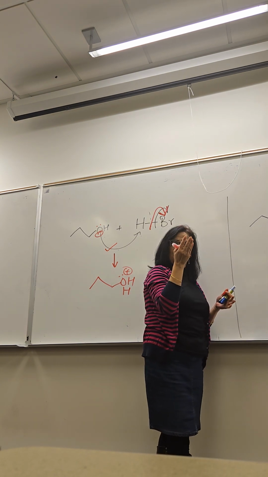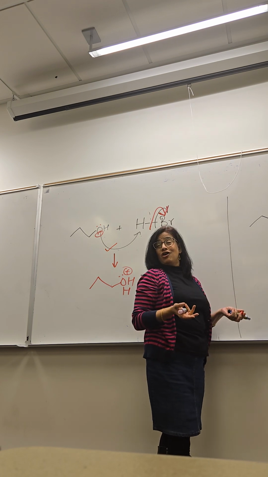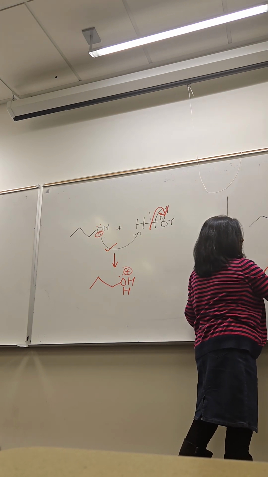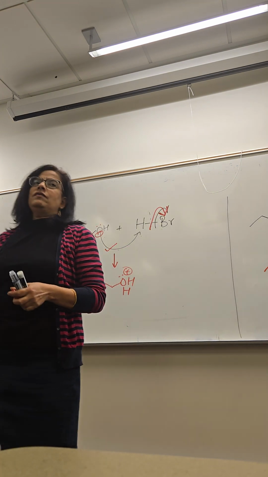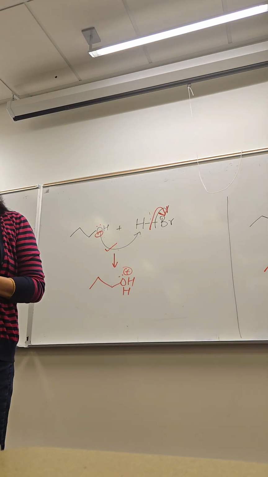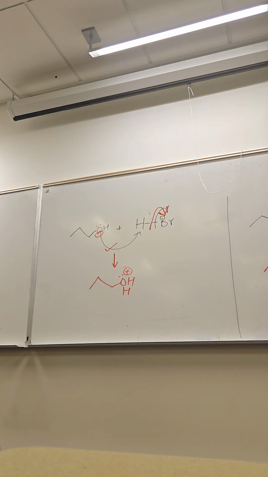Where did the other electron go? That one went to the carbon. You've got to show it. Does that sound okay? You've got to pay attention to these details, otherwise you're not really telling what you're supposed to be telling. It's not just the atoms, of course atoms matter, it's also about the electrons.